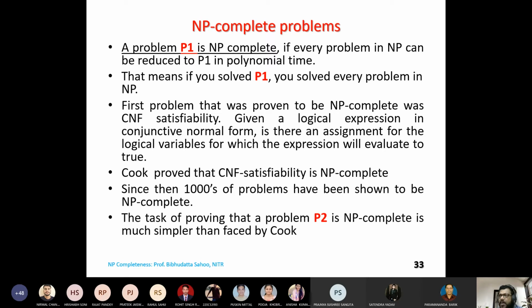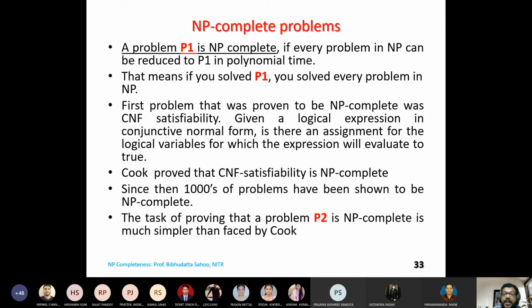Now to prove a problem to be NP complete, we need a reference of another problem which was proved to be NP complete. So that is the reason we ask which one is the first problem proved to be NP complete. Without looking into how it is done, the first problem that is proved to be NP complete is the circuit satisfiability problem, or CNF.